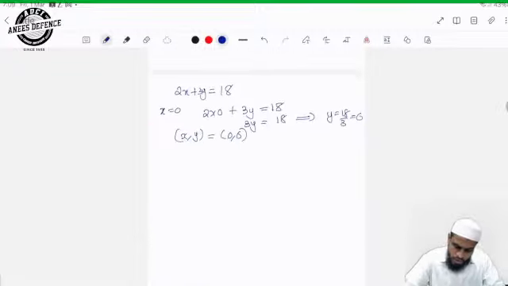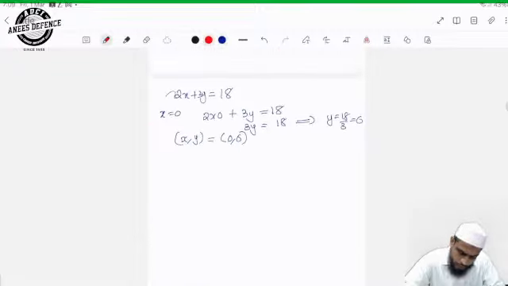Now in the first case we put x is equal to 0. In the second case you have to put y equal to 0 in the same equation. So 2 into x plus 3 into 0 equal to 18, which implies x is equal to 18 by 2. So you will be getting 9.